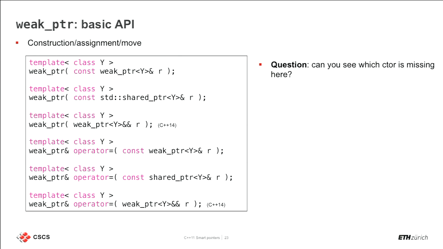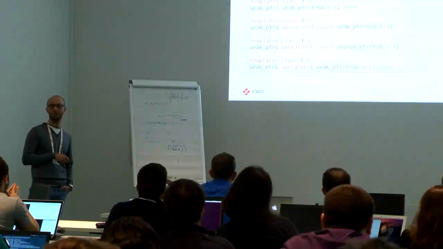This is the list of constructor, assignment, and move operators for the weak pointer. Please have a quick look at the list of this kind of constructors. I just want to ask you which constructor is missing here. I know that it's a bit boring to look at the list of constructors.